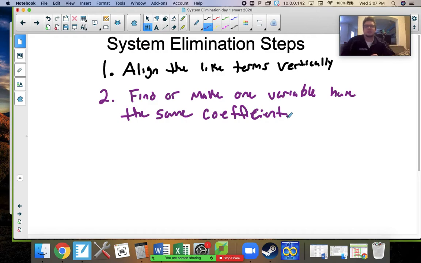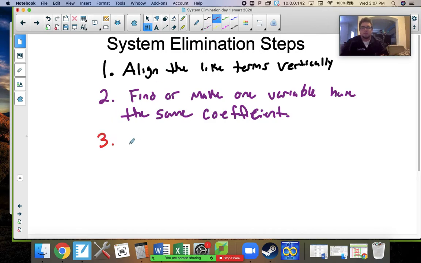So when you're looking at the system, it's all lined up, you're going to want the x's both have the same number in front, or the y's the same number in front, or in the very least have the same basic number. So if one's a positive, one's a negative, we can work with that. But you want them to be the same absolute value.